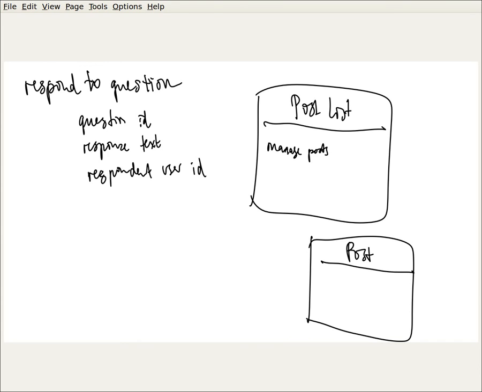So we're past the carbon life form that has done the submission. We're at the server level. The server has at this point the ID of the post, I guess, of the question, with the text of the response as a string, and the ID of the carbon life form that did all this.